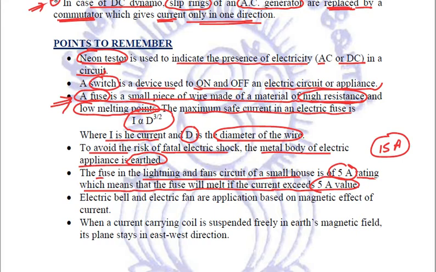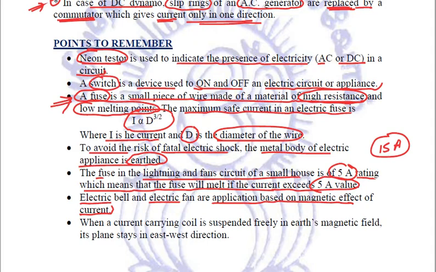Clear? Next, the electric bell and electric fan. They are applications based on the magnetic effects of current. Another thing we have already studied is that a magnet, when it is suspended, rests in the north-south direction.